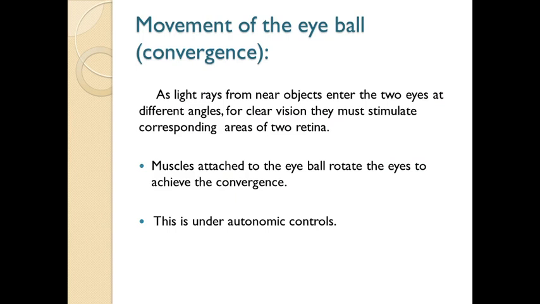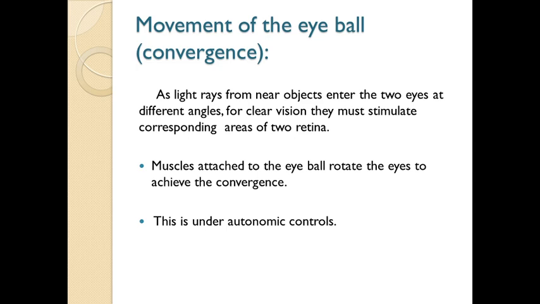Then movement of the eyeball or convergence. Now this is not considered as a separate process, but this is also important for clear vision. As light rays from near objects enter the two eyes at different angles, for clear vision they must stimulate corresponding areas of the two retinas. That means the similar areas of the two retinas should be stimulated for clear vision.